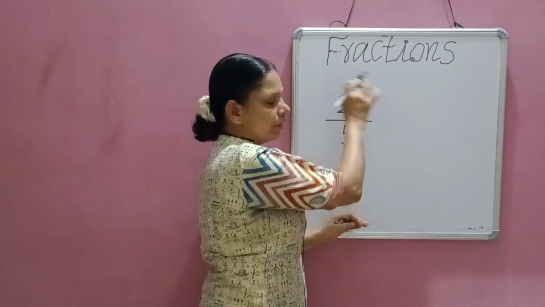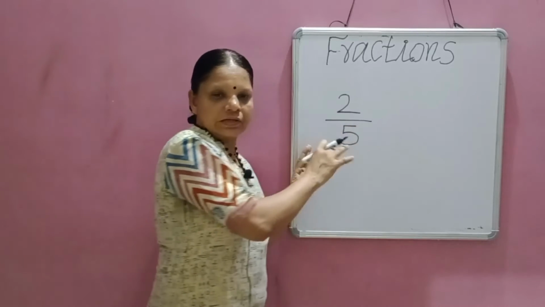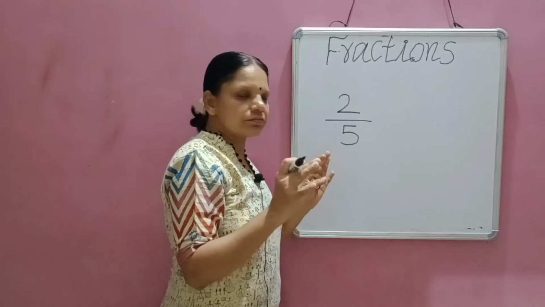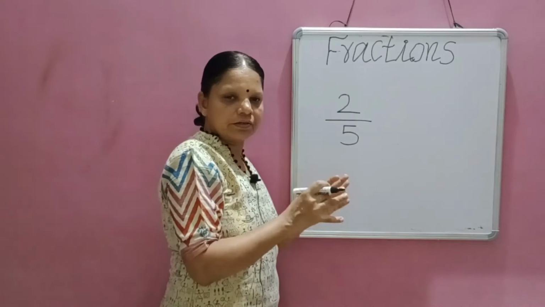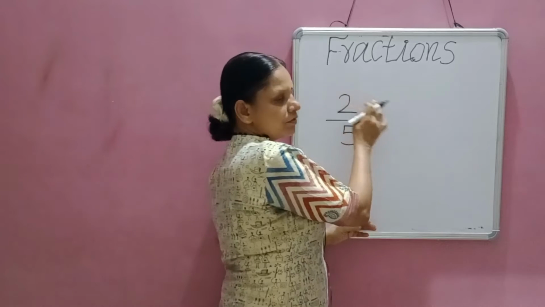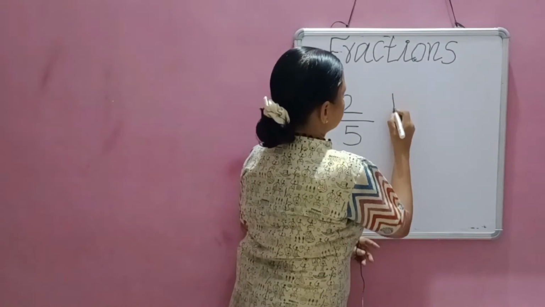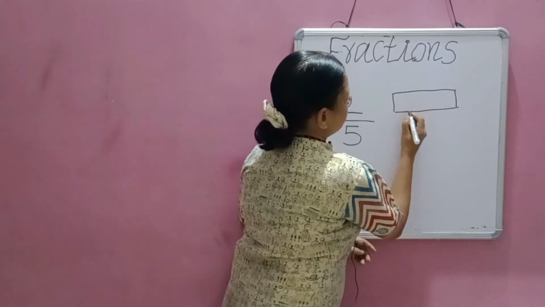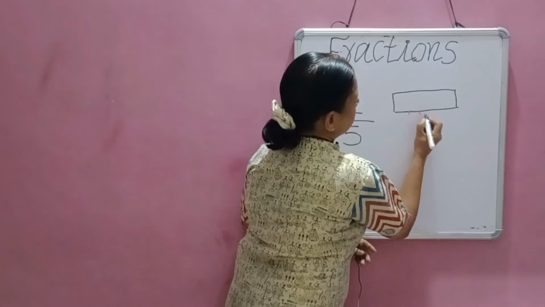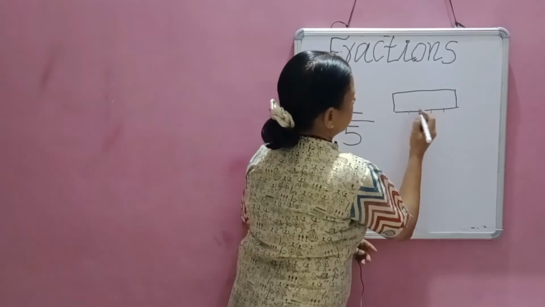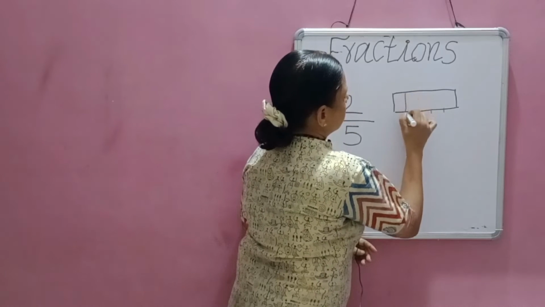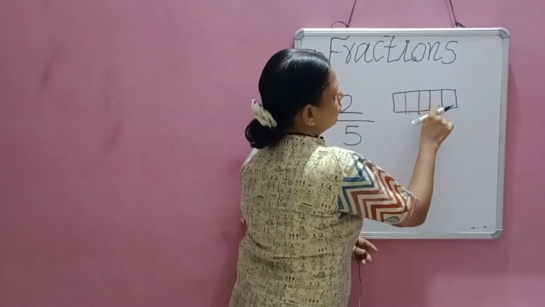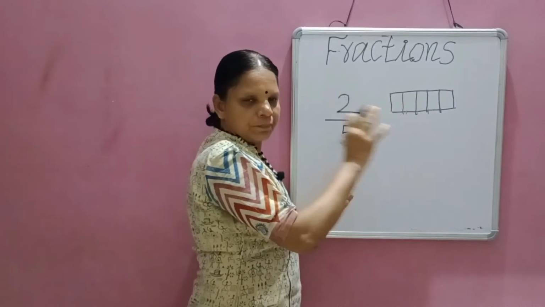This number lies in between 0 and 1. Complete 1 is not there. 1 is divided, and out of these 2 parts are taken. How to picturize this? The chocolate. How many equal parts? 1, 2, 3, 4, 5. 5 parts it is divided.